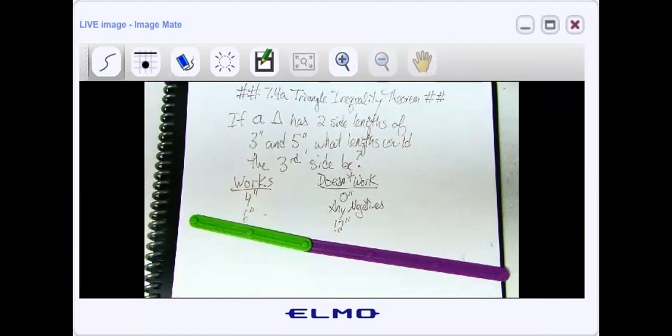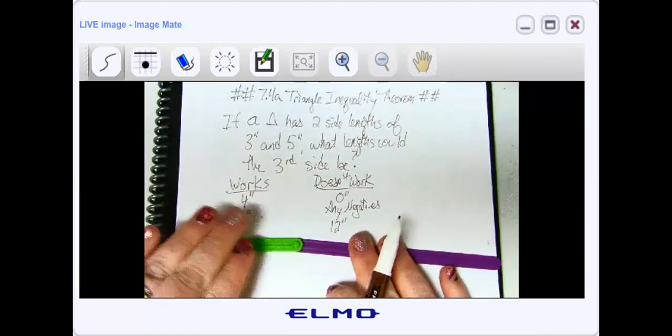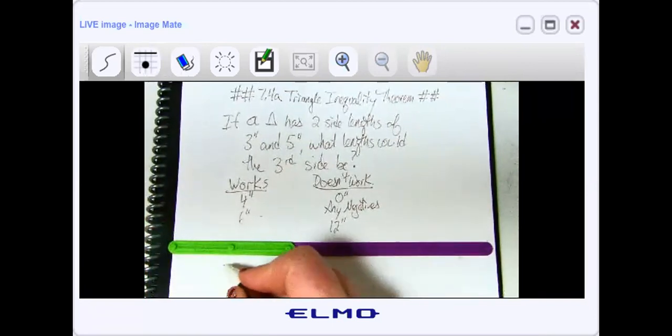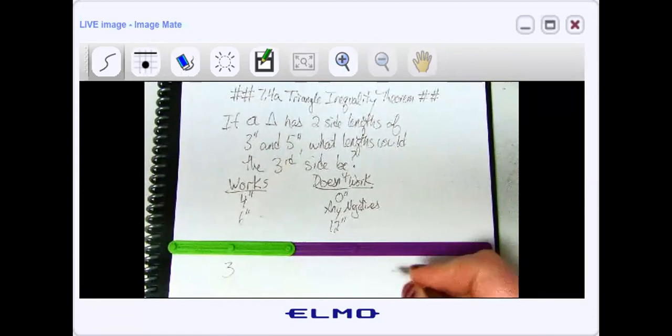So here's the problem. If I lay this out, right? If this is 3 and this is 5, that makes 8 altogether. So the third side of the triangle being a stick that's exactly 8 inches long, I can't make a triangle out of it. The best I could do is make a straight line. But I can't have a straight line.